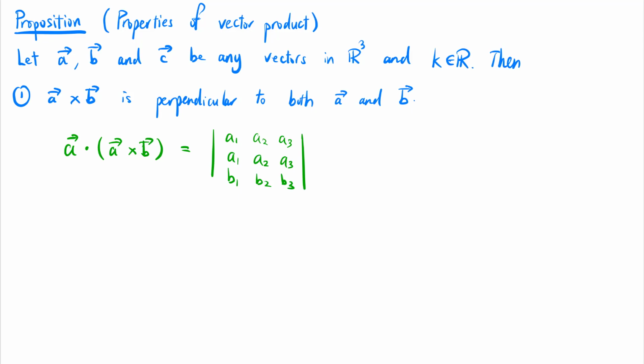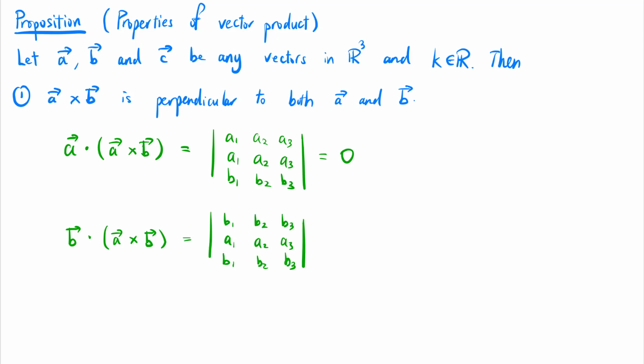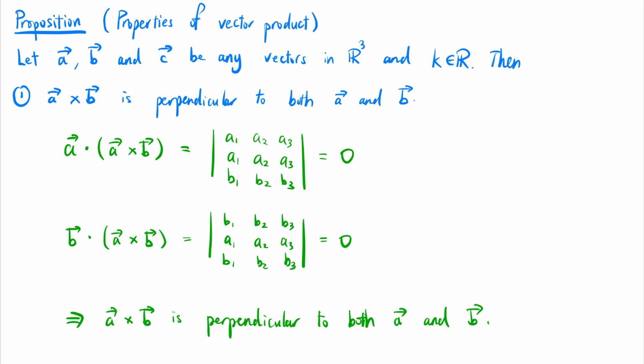Since the first two rows are identical, this determinant is 0, which means that A cross B is perpendicular to A. Similarly, B dot (A cross B) equals the determinant of B1, B2, B3; A1, A2, A3; B1, B2, B3. Since the first and the third rows are identical, the determinant is 0, so A cross B is perpendicular to B.